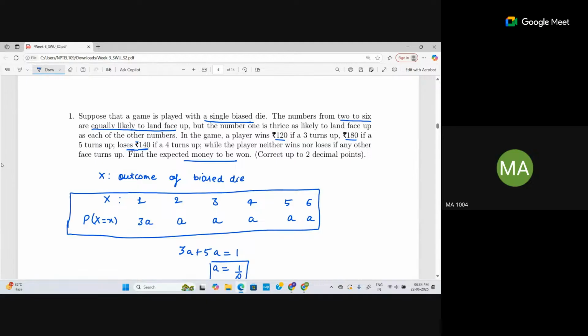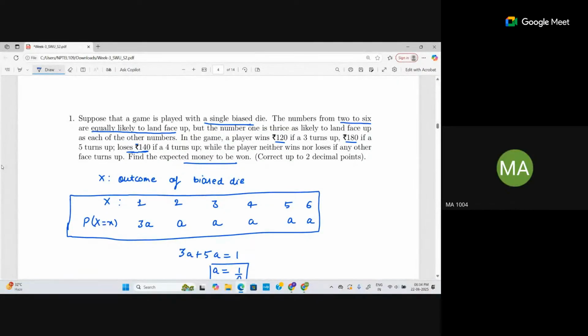Is that correct? That will not give you the money to be won, because no money is there. I'm just changing the problem statement. So what expectation are you finding then? Expectation of the throwing of the die. Yes, in that case it will be x into the corresponding probability. Okay, right. Thank you.